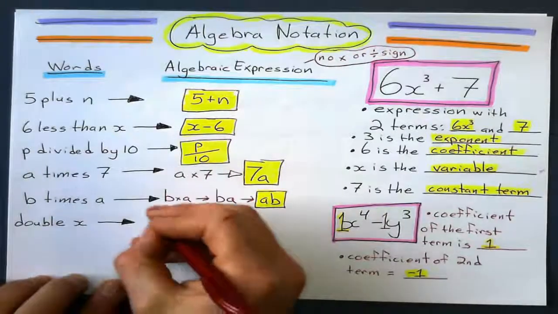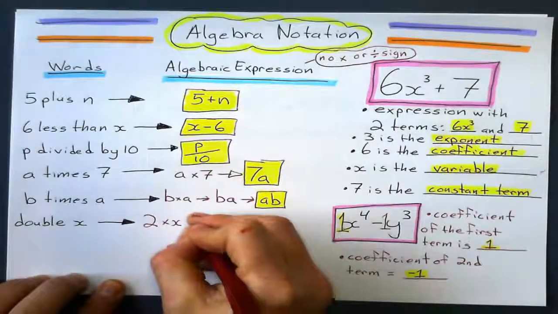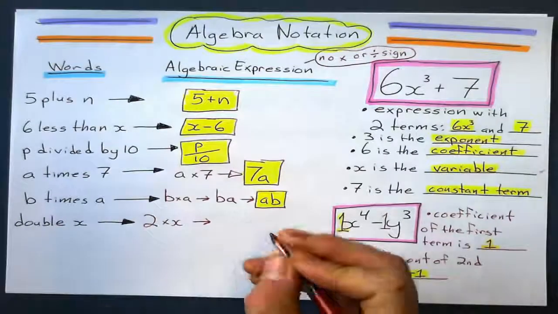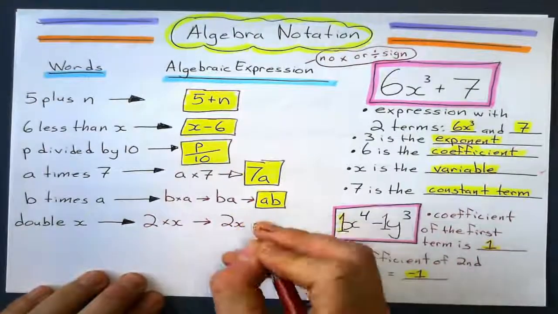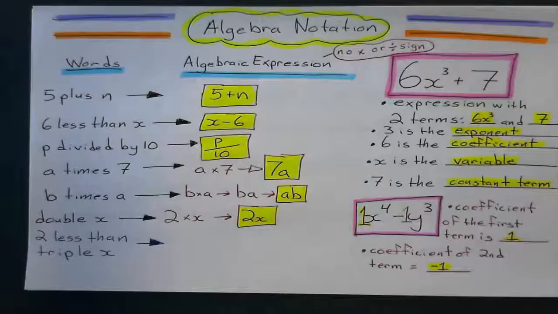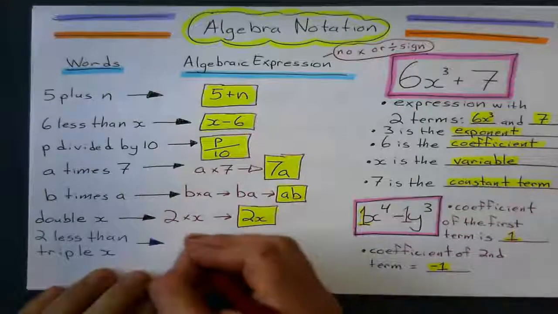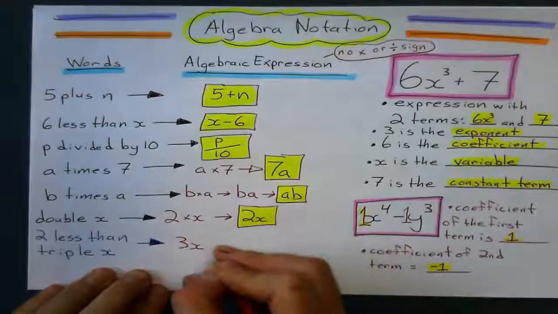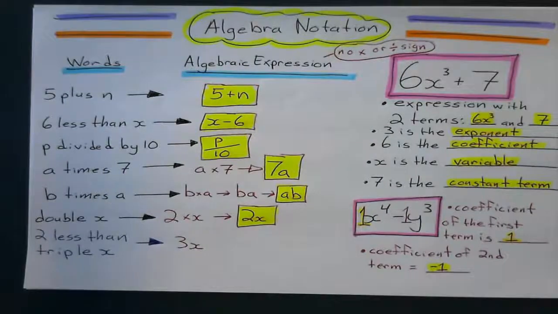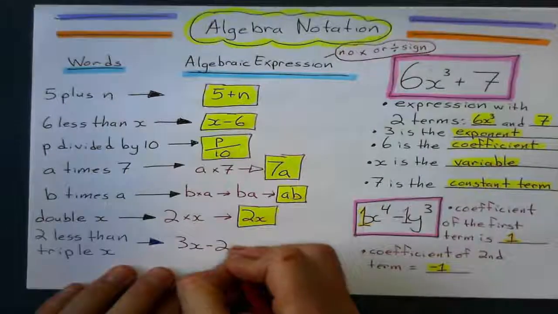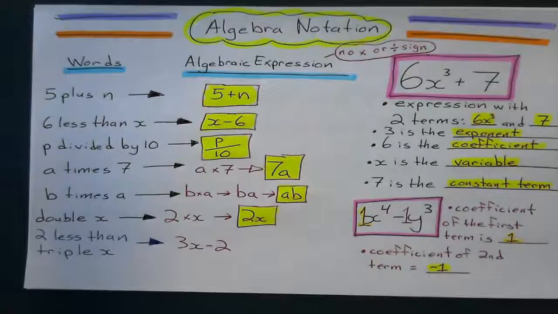And let's try double x. Double means 2 times x. And 2 times x means 2x. And if I have 2 less than triple x, triple means times 3. So triple x means 3 times x. And 2 less than that is going to be minus 2.